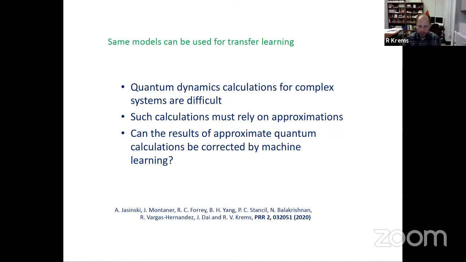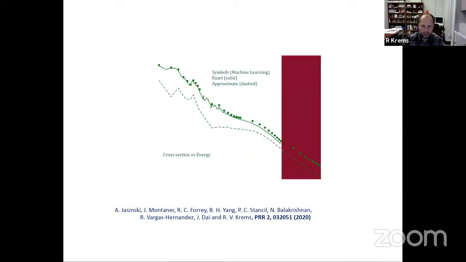In this particular work, we looked at collisions of molecules undergoing some collisional relaxation. We looked at cross sections for those, and we calculated the cross sections for molecular transitions with two different methods. One was the rigorous method without any approximations, and one relied on the so-called coupled states approximation, but we're not going to go into those details. Then we built Gaussian process models that had not one but two outputs: the exact calculations and the approximate calculations.